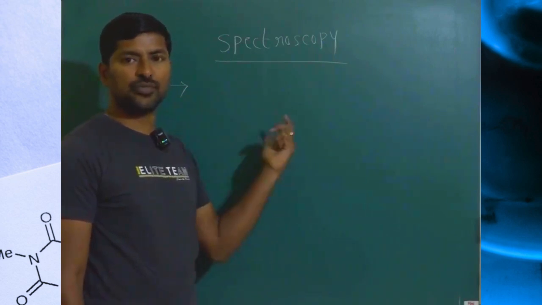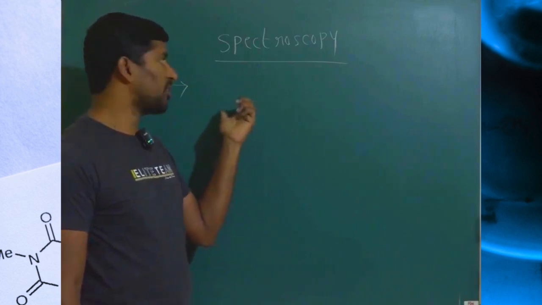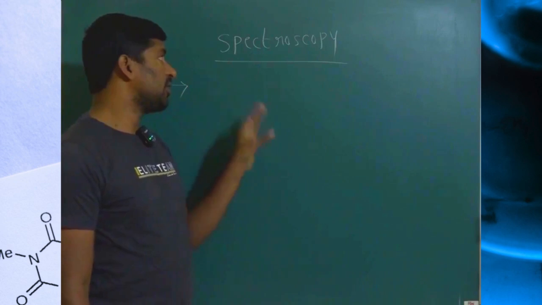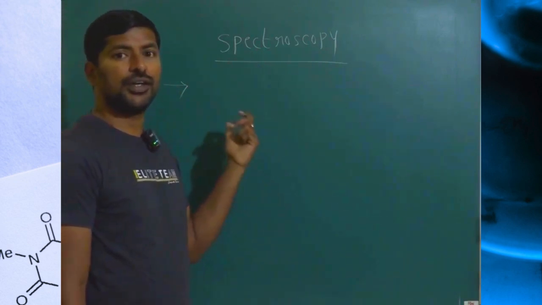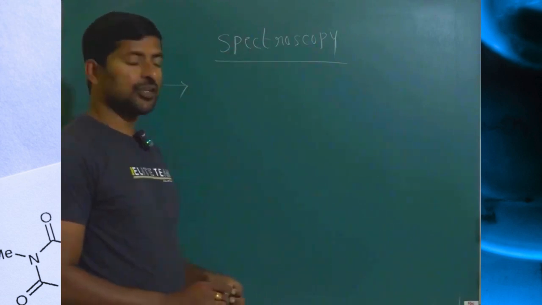In NMR spectroscopy, we get the proton environment. Spectroscopy is useful in structural elucidation: bond lengths, bond angles, geometry, all of this information we can get.